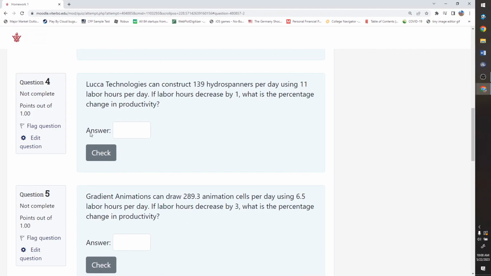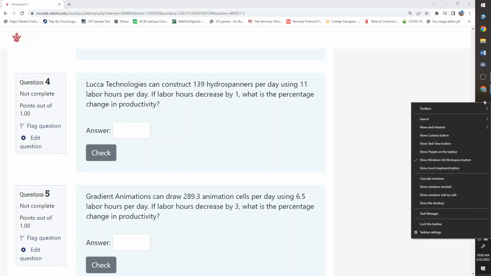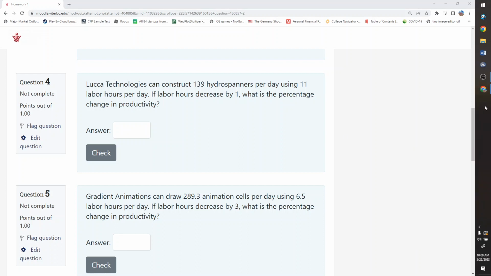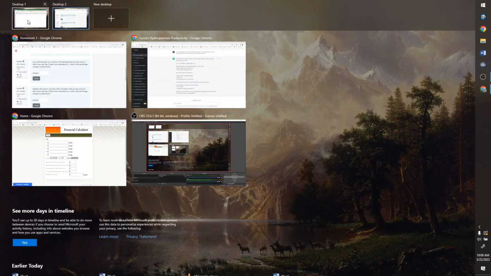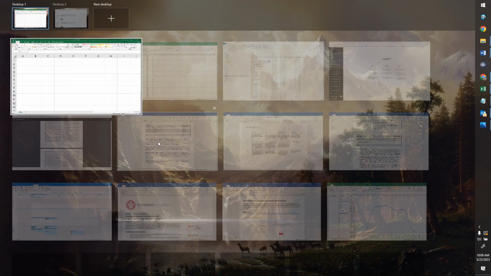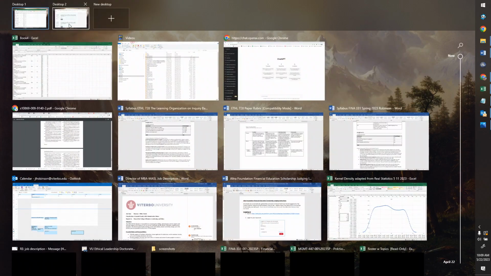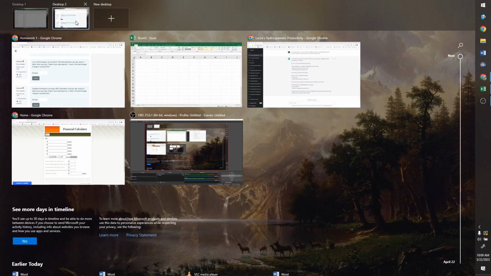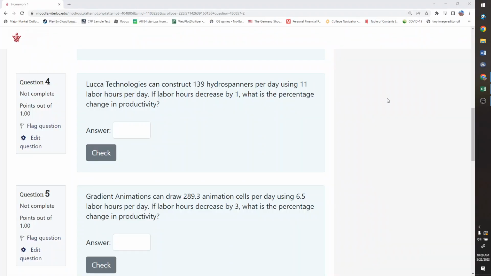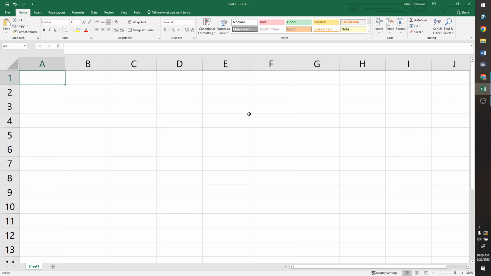It opened it up in its own desktop. So let's see if we can get Excel to, here, I'll just go to desktop 1. Oh, we want this one in this list. There we go. I had a lot of clutter on my desk, so I was trying to have a clean thing for the recording.